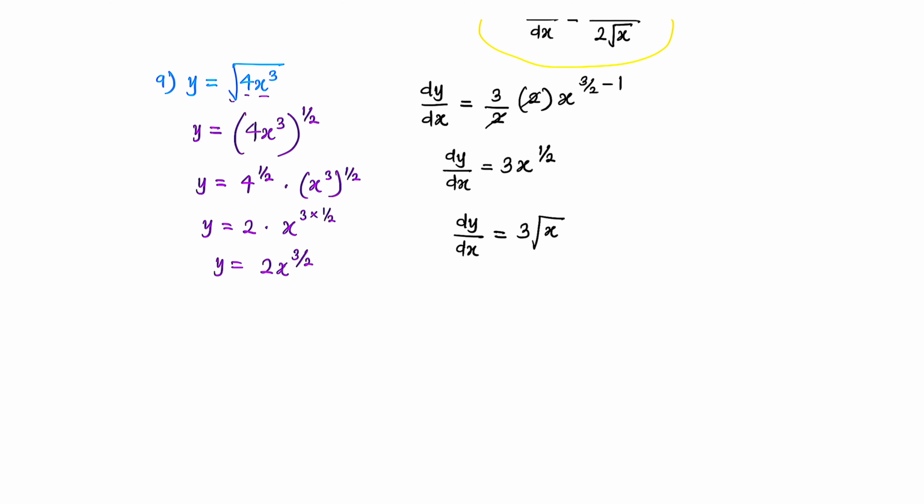Or you can take it one step further. dy/dx equals square root of 9x. So 9x all roots is the same thing as 3 root x. You may leave your answer like this, but to take it one step further, this is better.